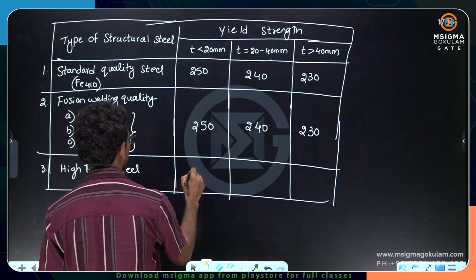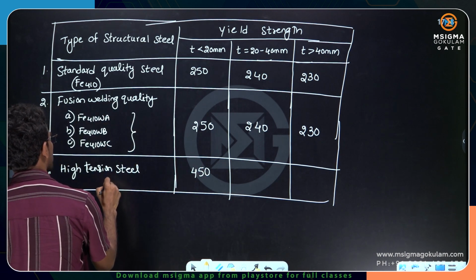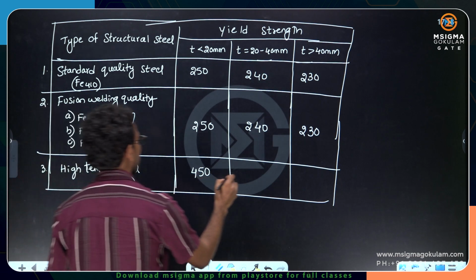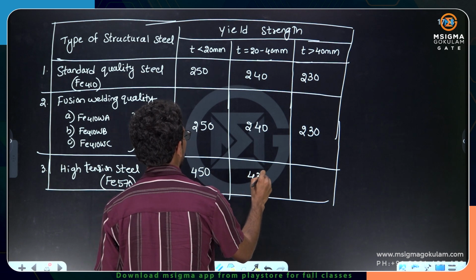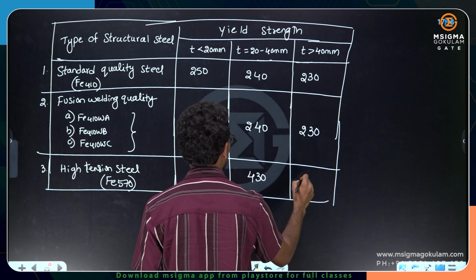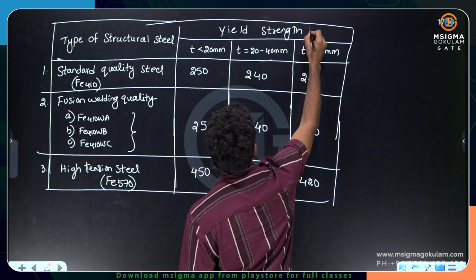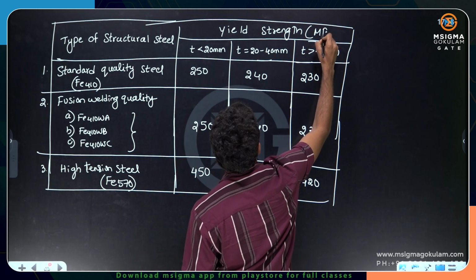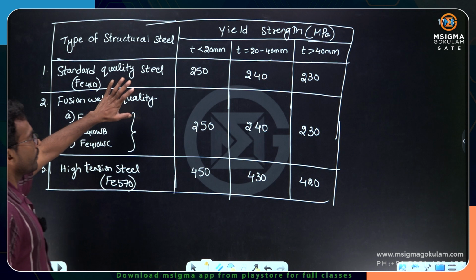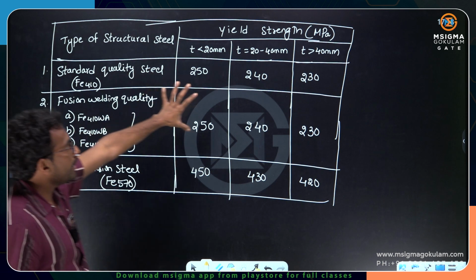In high tension steel, we have Fe 570, which is having yield strength of 450, 430, the thickness of this 20 to 40 mm. If thickness of this member is more than 40 mm, it is 420 megapascal. Whatever the yield strength I am writing here, it is megapascal, or we can say Newton per mm square. So these are the types of structural steels and their corresponding yield strengths.